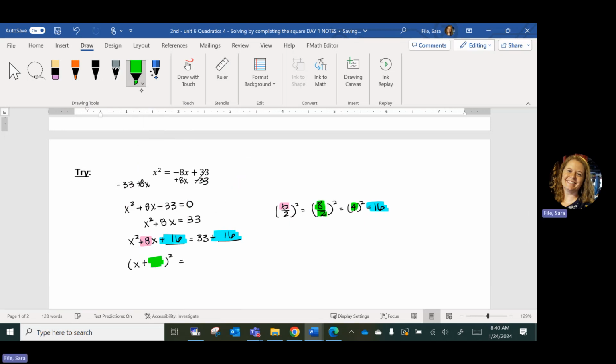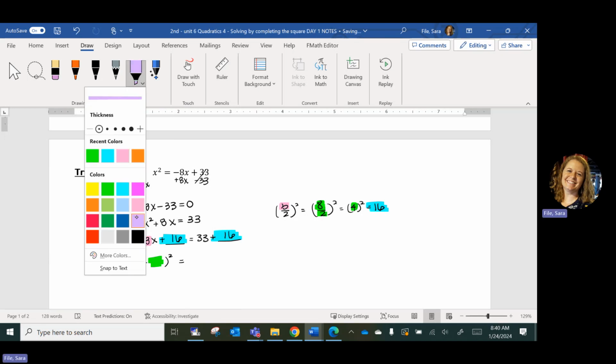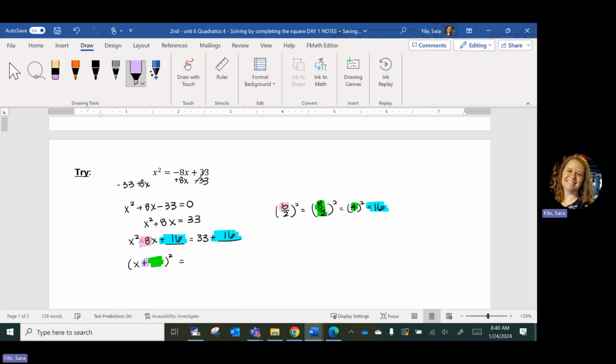That's what's going to go here. And I kept it as a plus because that was a plus. So that is 4. What about when I simplify on the right side? 33 and 16, what does that give me? Very good, thank you. All right, so I am done completing the square.